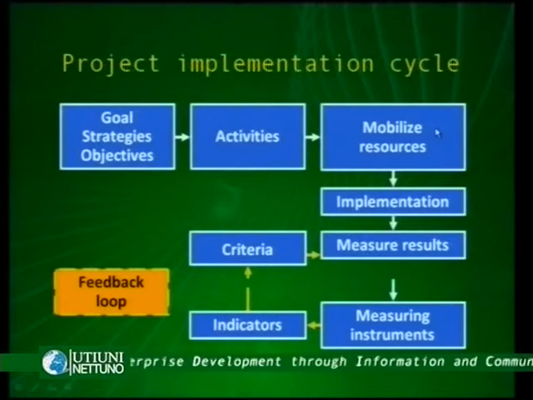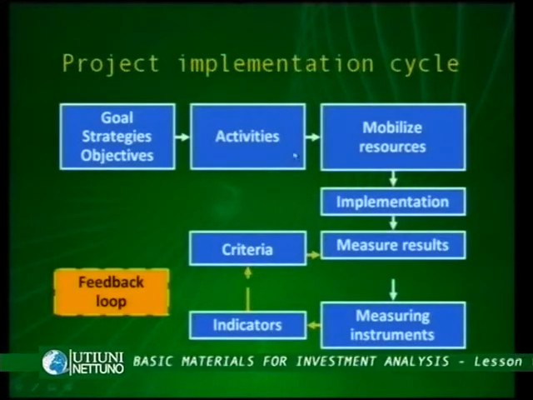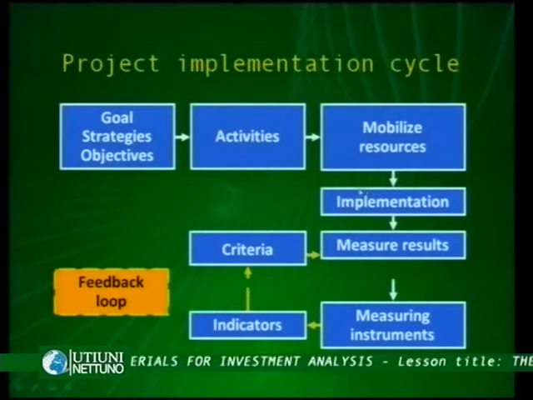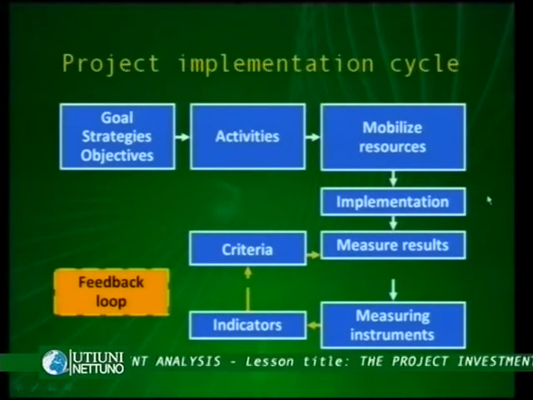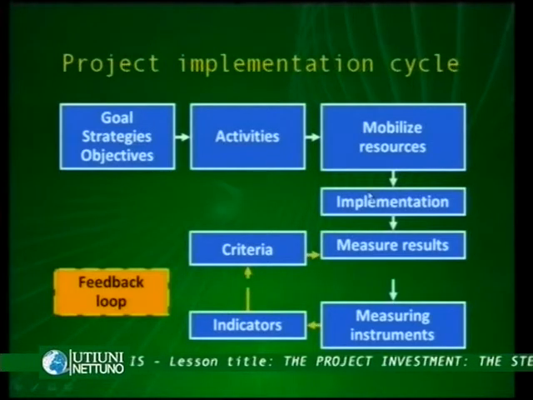Again, investors, financiers, suppliers, and so on. So the resource mobilization, which is the third stage of this cycle, is crucial. The combination between the available resources and the scheduled activities is the actual implementation of the project.